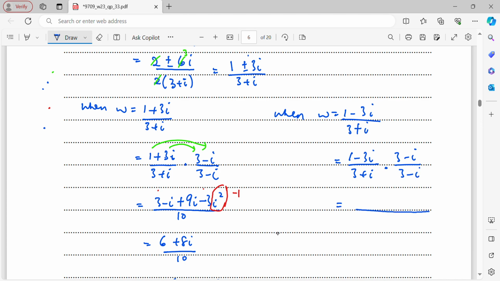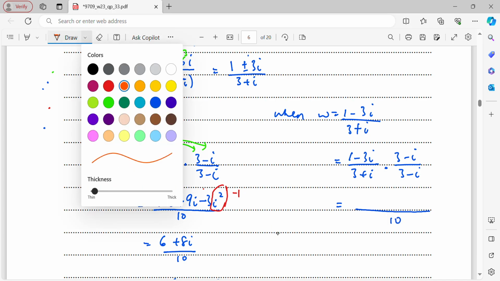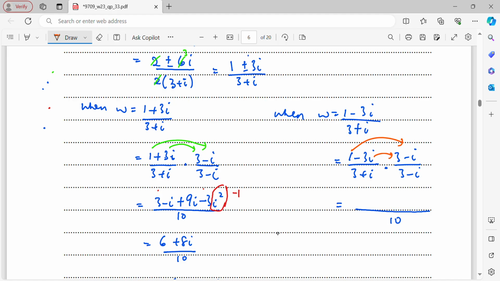Again, the denominator will be the same, which is 10. Now for the numerator, same method as just now, just do expansion. So 1 times (3 minus i), you will get back the same complex number. Minus 3i times 3 will be minus 9i. Minus 3i times minus i will be plus 3i squared.